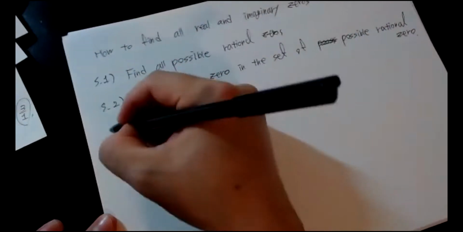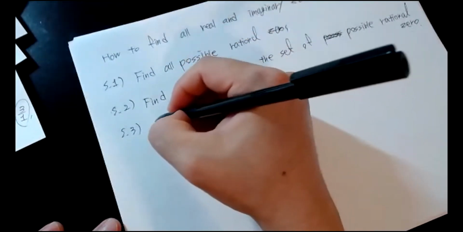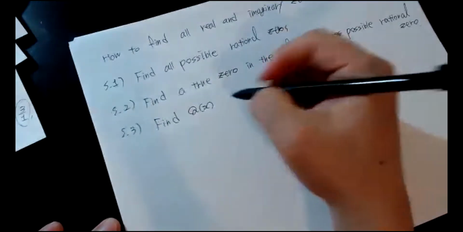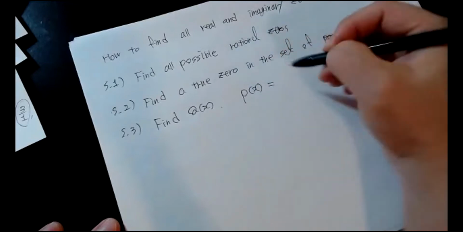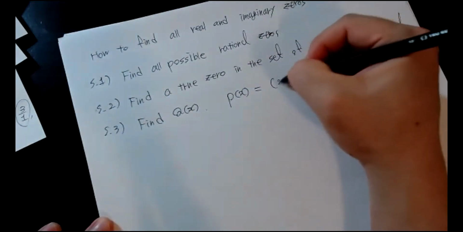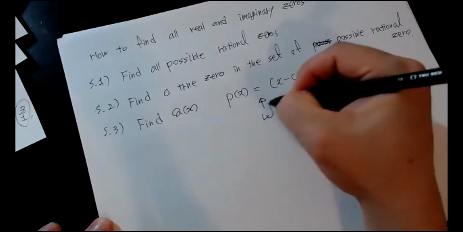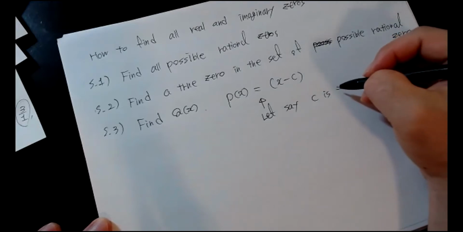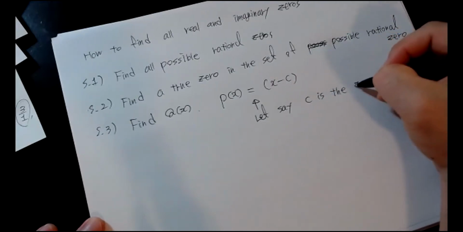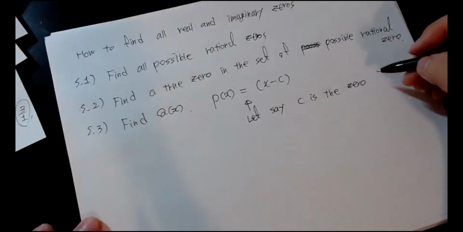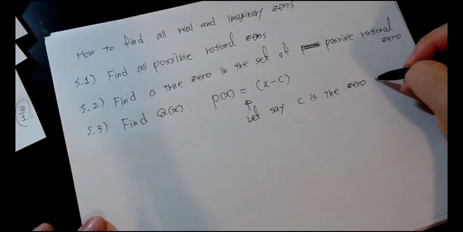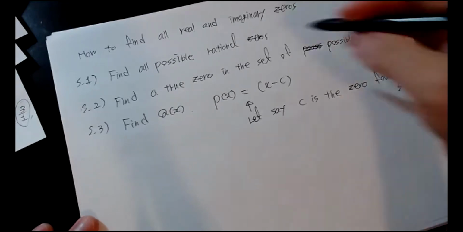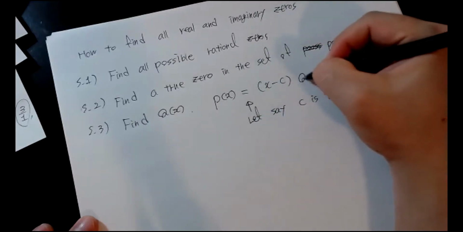In step 3, find q of x. We express p of x as x minus c, where c is the zero found in step 2, times q of x.